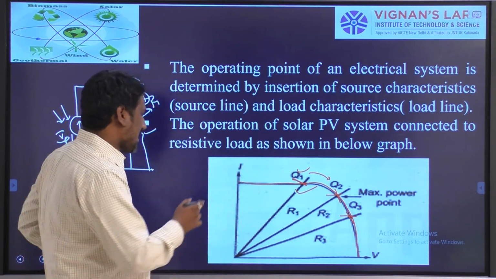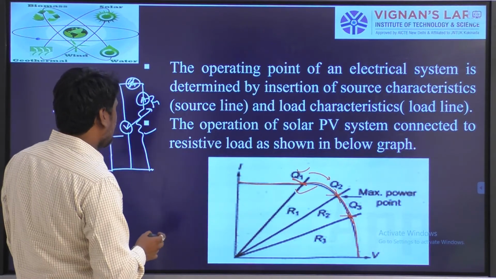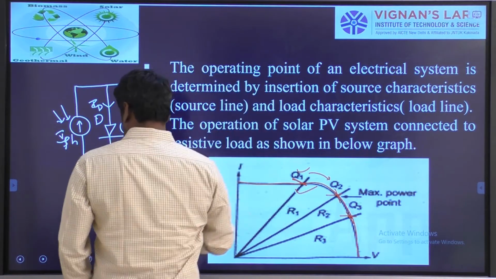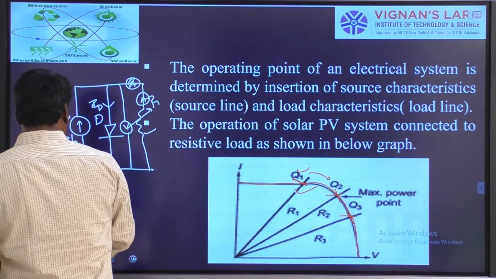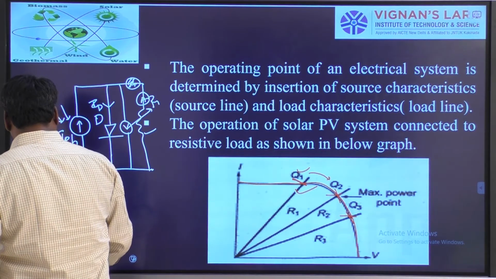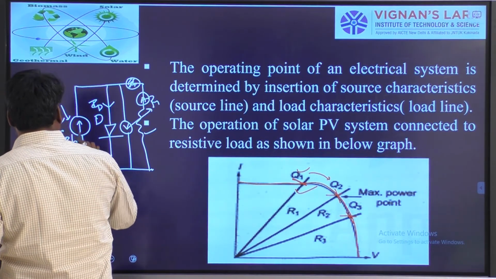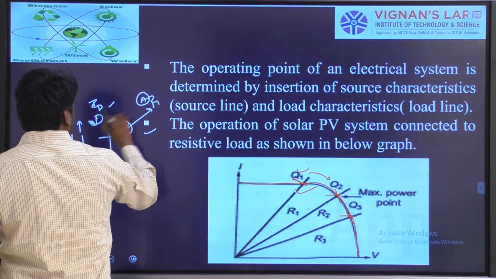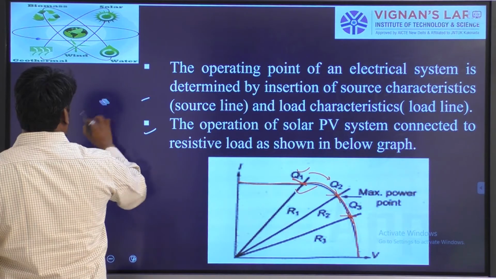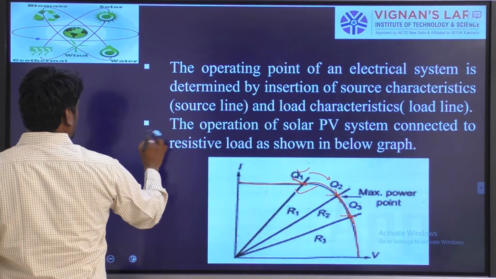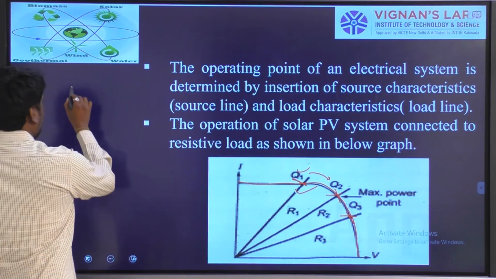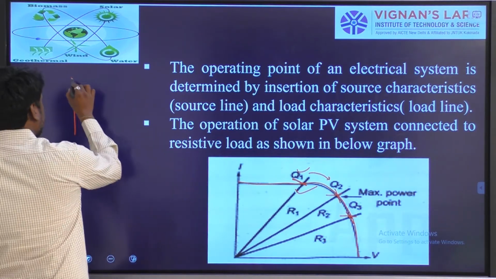Again, I would write a graph here. I will explain clearly. You can observe here, the same graph I am drawing.